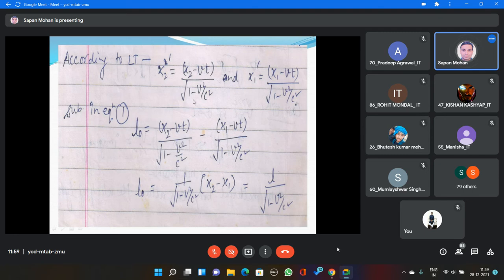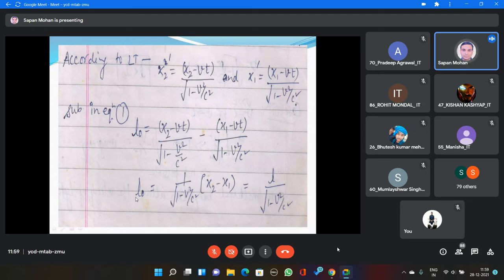Take the difference of these two: L naught equals 1 by root 1 minus v square by c square times x2 minus x1. What is x2 minus x1? That is L, the measurement of the rod by the observer O in the rest frame.